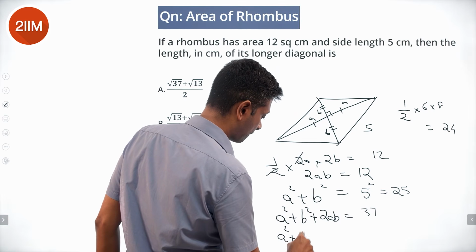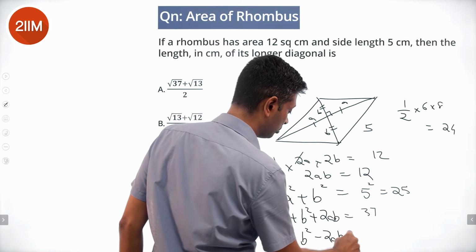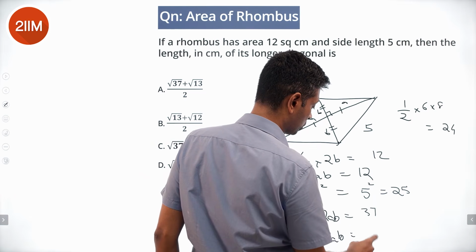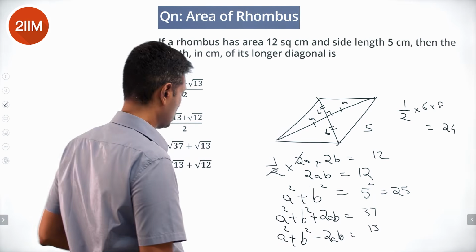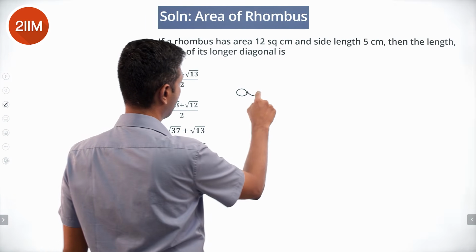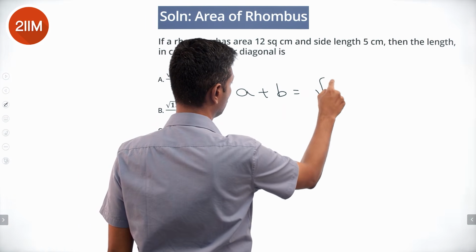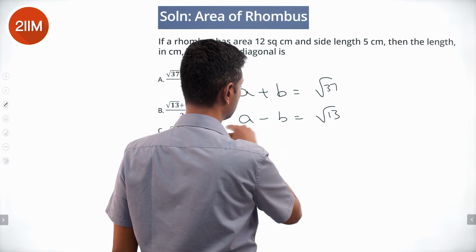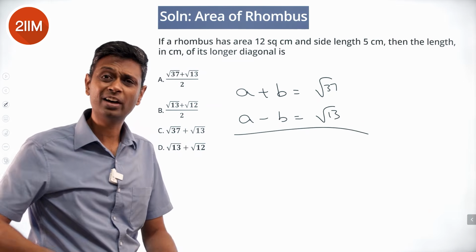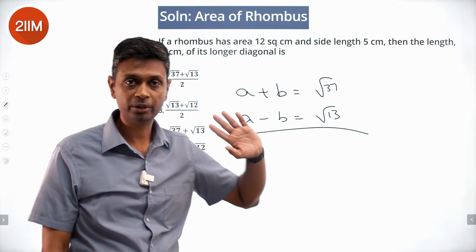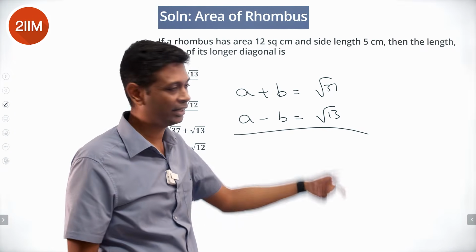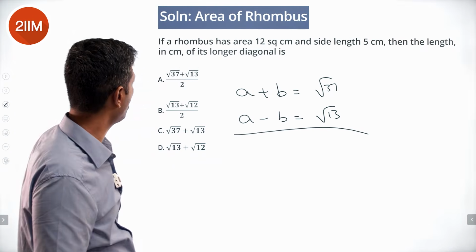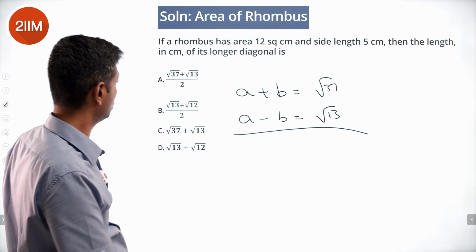A square plus B square minus 2AB is 25 minus 12, 13. Or A plus B is root 37. A minus B is root 13. The longer diagonal would be root 37 plus root 13 by 2. Shorter diagonal would be root 37 minus root 13 by 2.